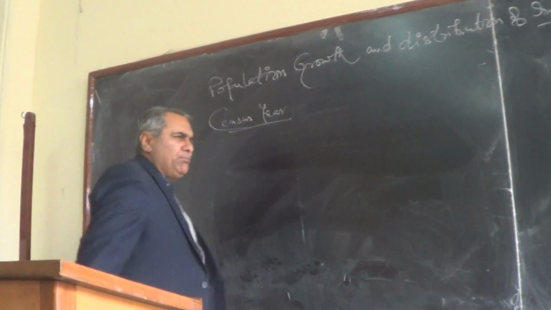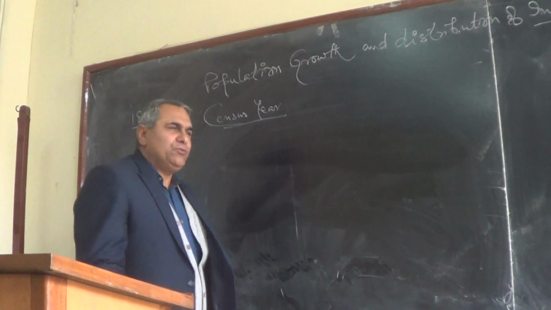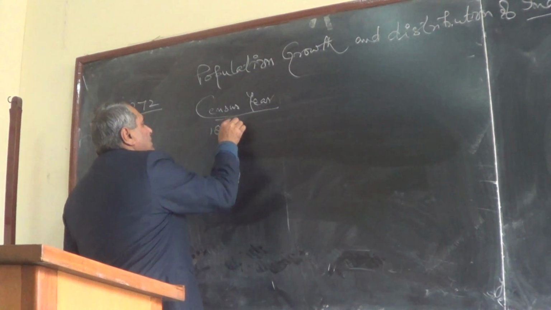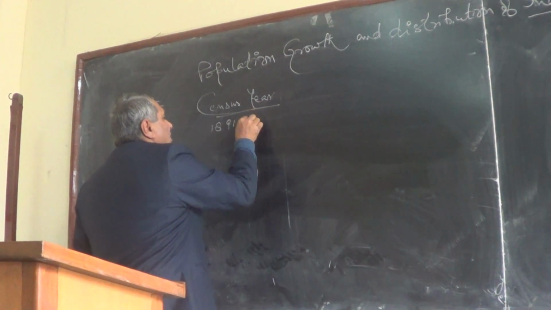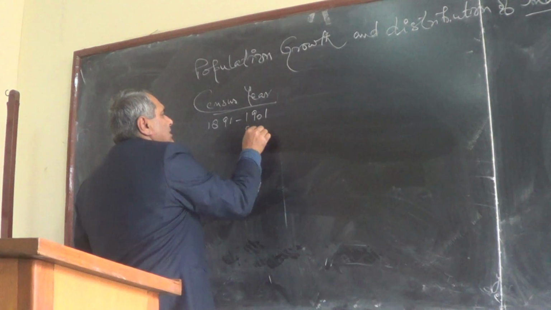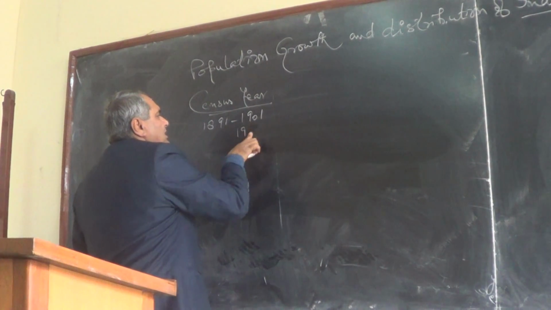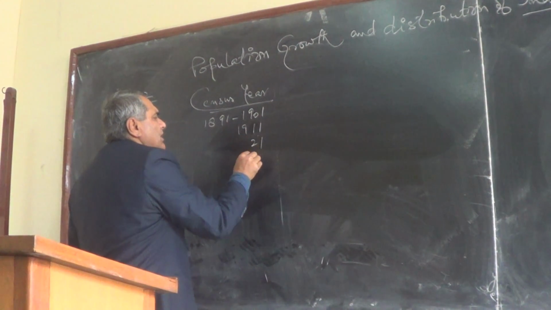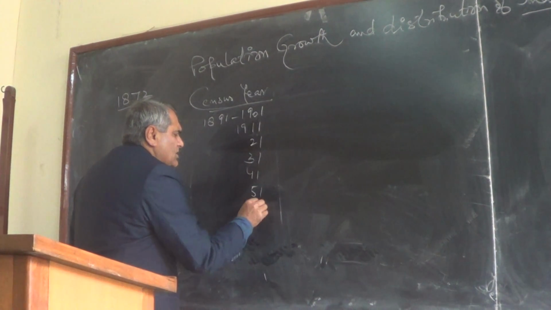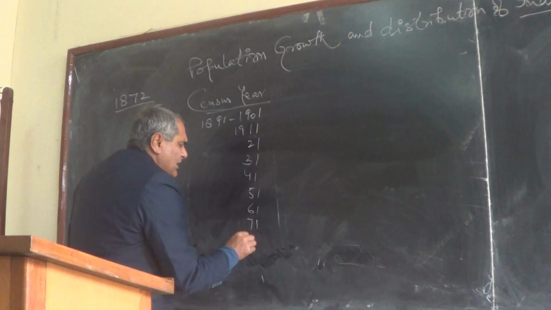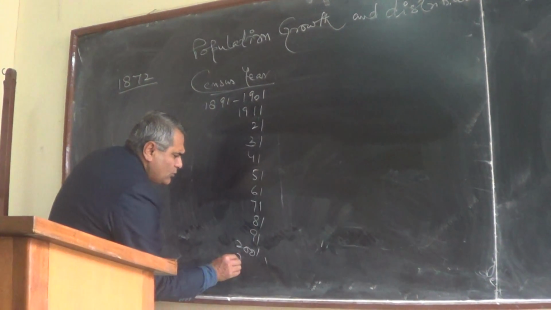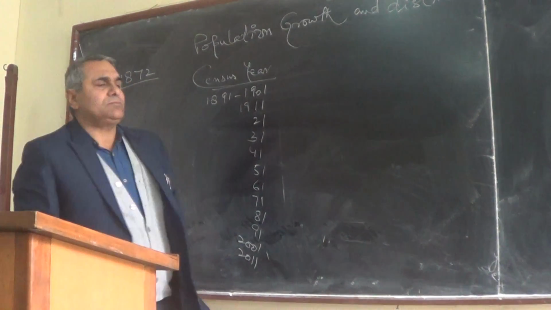But in India, the absolute data we have available is from 1891 to 1901, 1911, 21, 31, 41, 51, 61, 71, 81, 91, 2001, 2011.